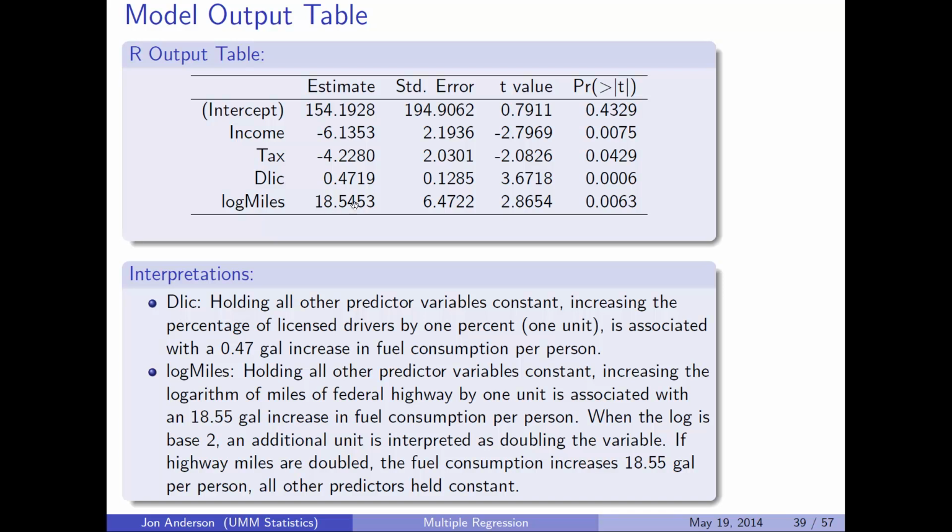So this number is interpretable as, if we doubled highway miles, what would the impact be on fuel consumption per capita?